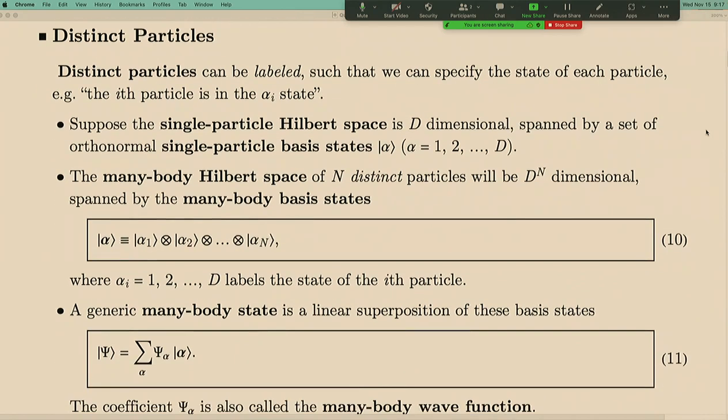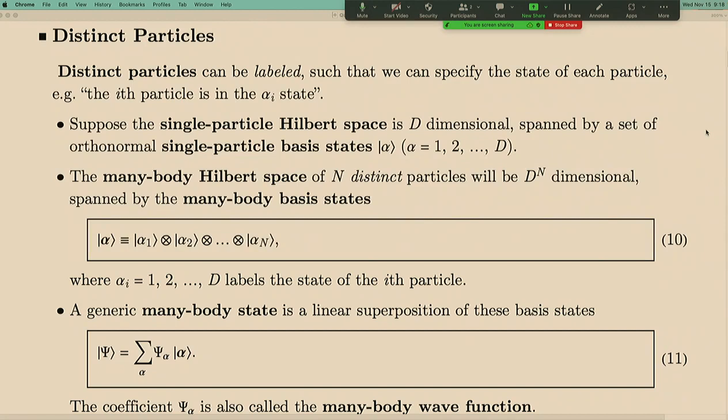Distinct particles are the simpler case, so let me repeat everything again. Distinct particles can be labeled, so we can specify the state for each particle separately. For example, we can say that the ith particle is in the alpha_i state.